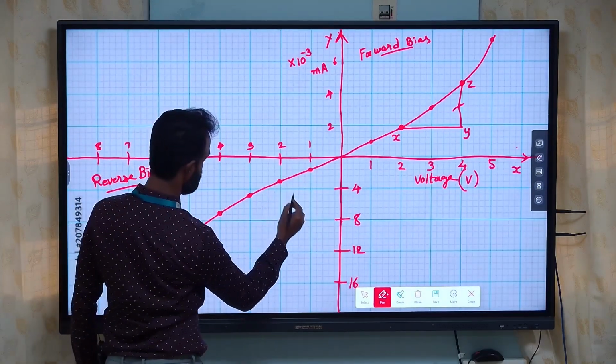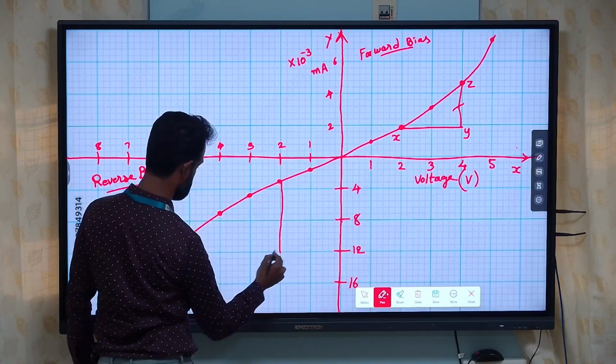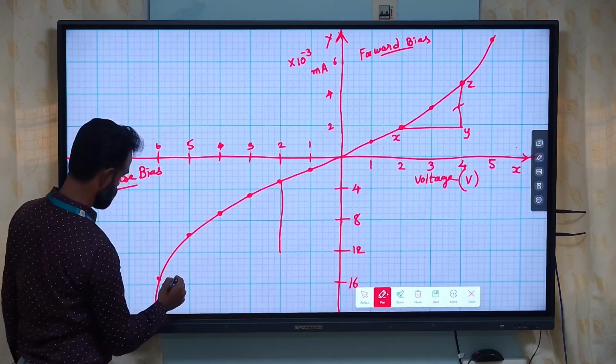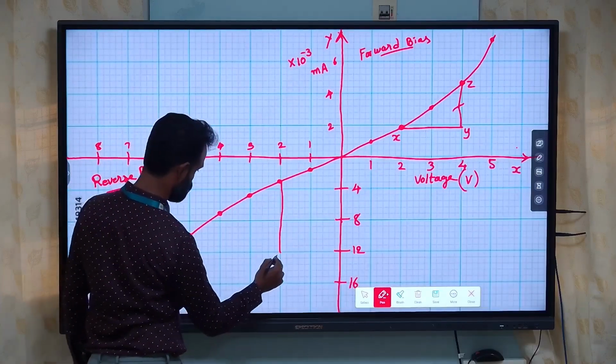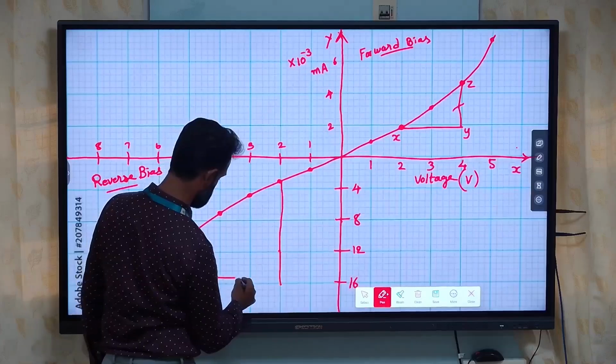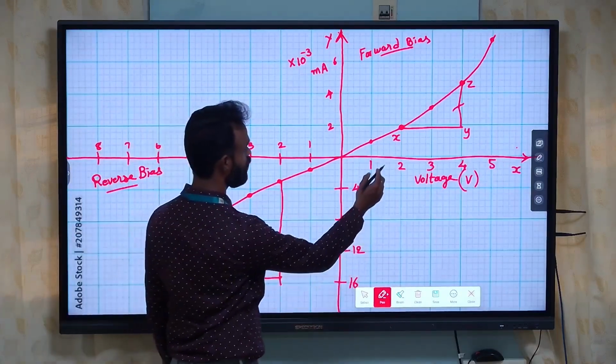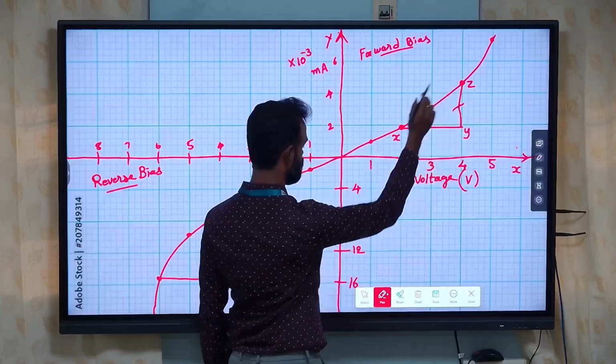Okay, here also we can plot the slope value like this. This is the slope value. Here we have taken x, y and z.